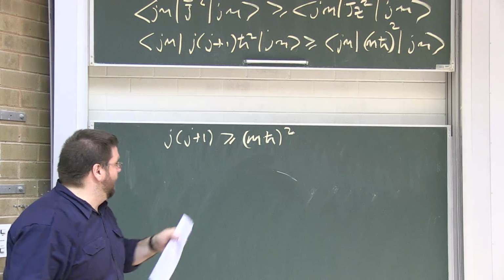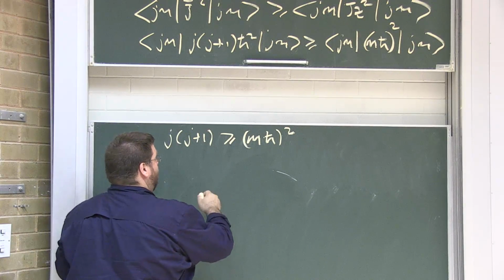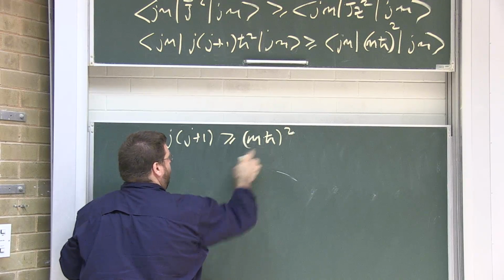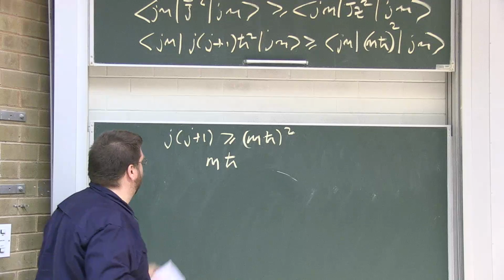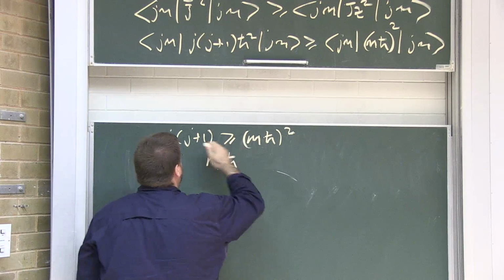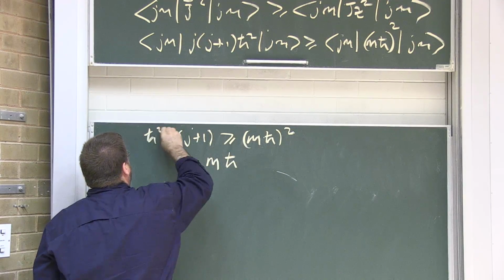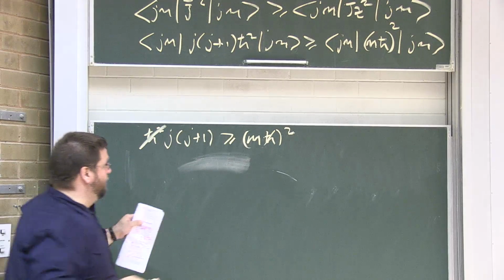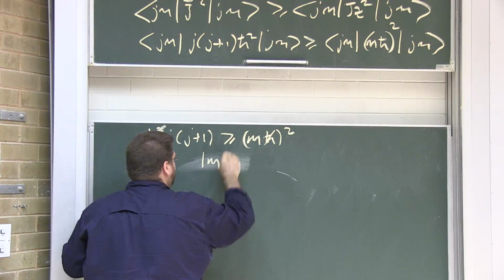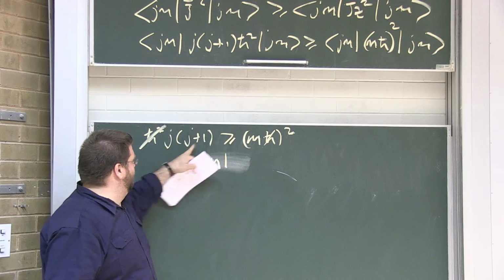Cool. I'm now going to take the square root of both sides of this expression. So m h cross squared becomes m h cross. So, sorry, there's a h bar squared here that I'm going to cancel. So now taking the square root, the right-hand side will become the magnitude of m. This is a crocodile. It knows to eat the bigger thing.